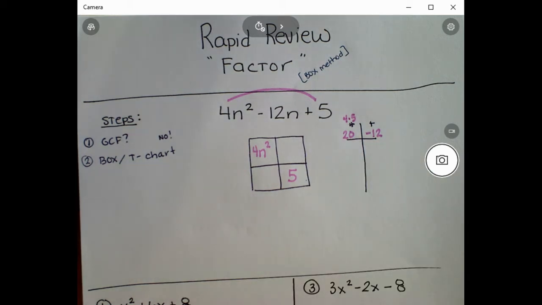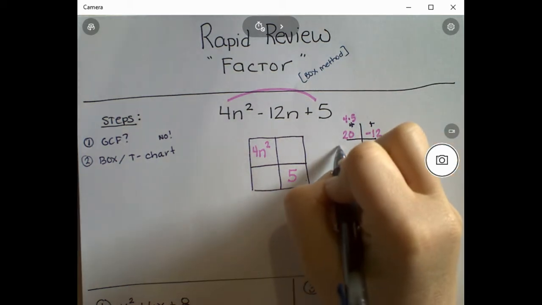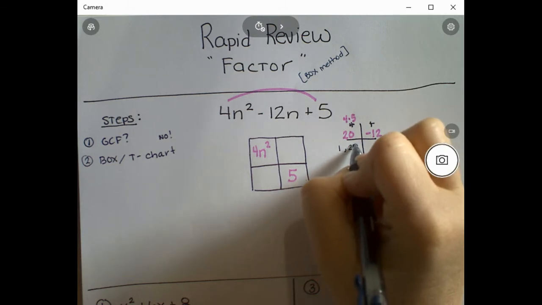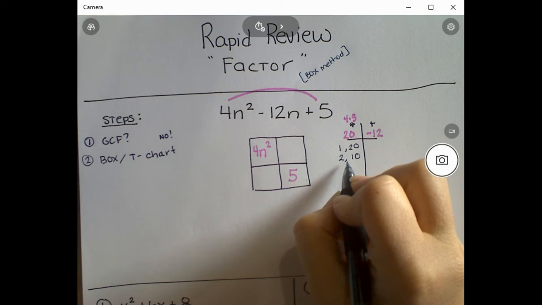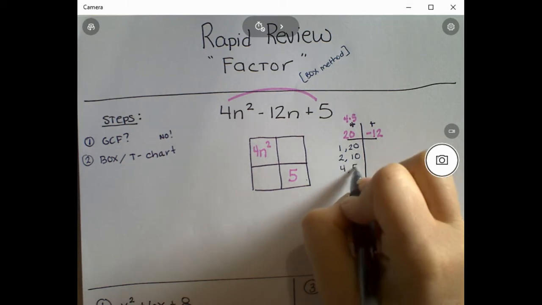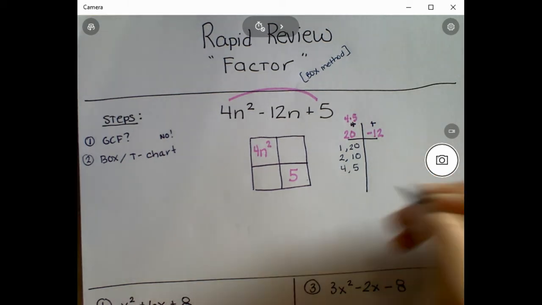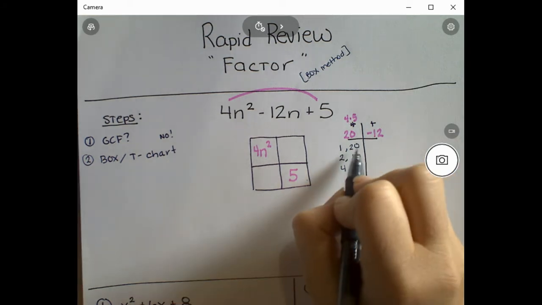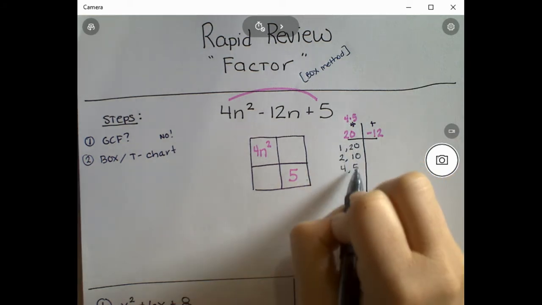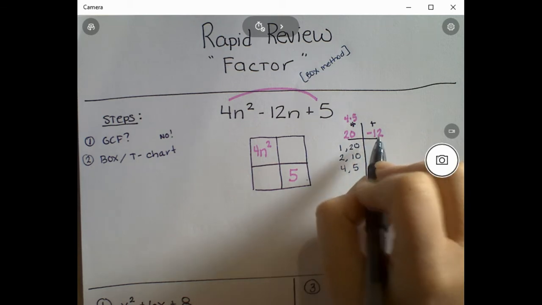And then we go ahead and list our factors. So 20 is 1 times 20, 2 times 10, 4 times 5, and those are all the positive answers. Okay? We want to figure out which pair of these could add up to negative 12.